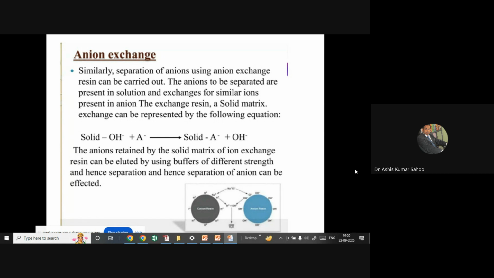The anions retained by the solid matrix of the ion exchanger can be eluted by using buffers of different strength, and hence separation.